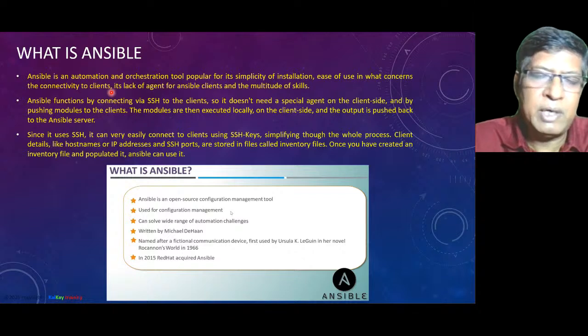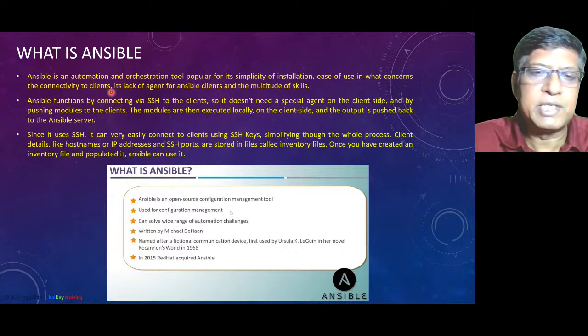Why 5 times higher? Let's say in 5 sessions of 2 hours each, I can complete Ansible. So in 10 hours, I can complete the full learning with fundamentals and advanced concepts in Ansible.